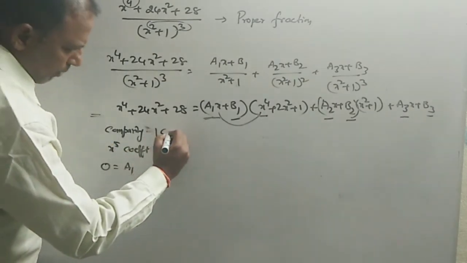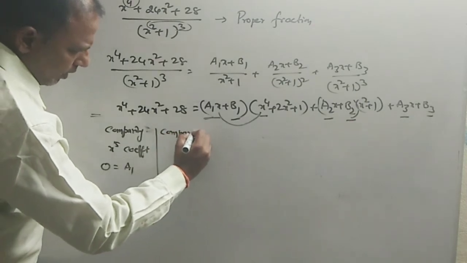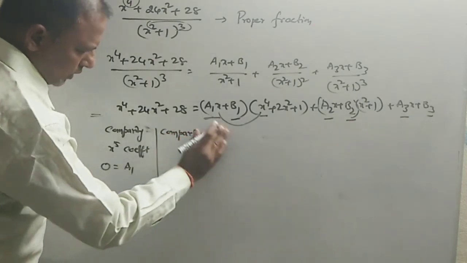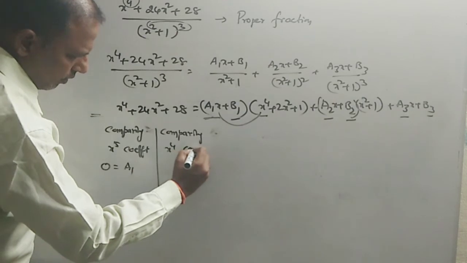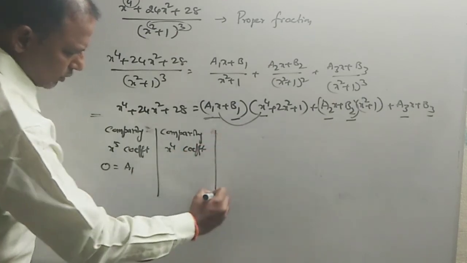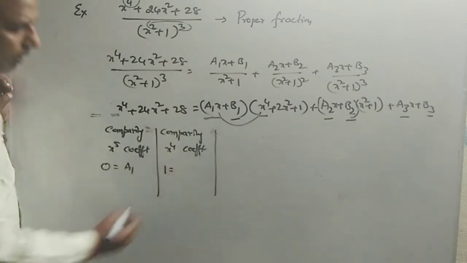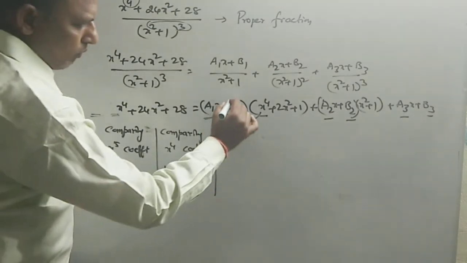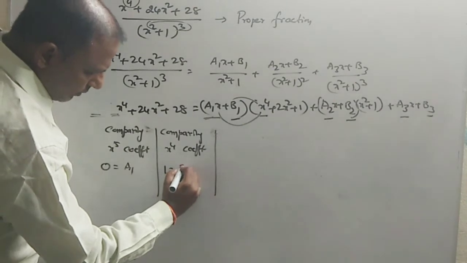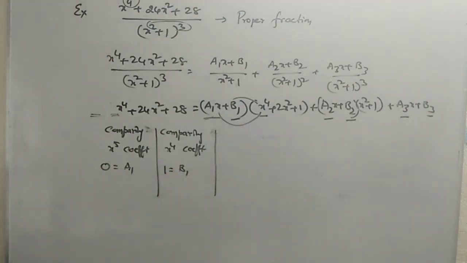And then comparing x power 4 coefficient. Here the x power 4 coefficient is 1, which is equal to b1 here. Is it clear? The x power 4 coefficient is b1.